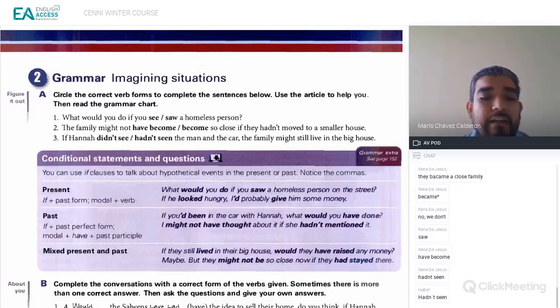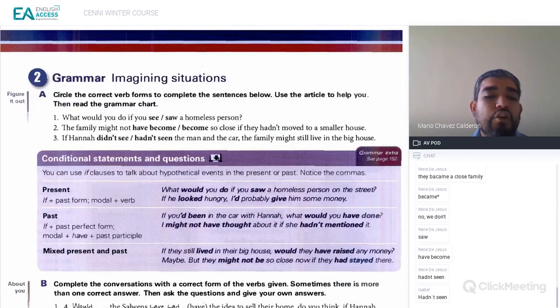If he looked hungry, I'd probably give him some money. Past: if, past perfect, modal, have, past participle. If you'd been in the car with Hannah, what would you have done? I might not have thought about it if she hadn't mentioned it.